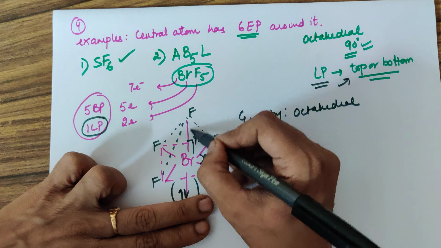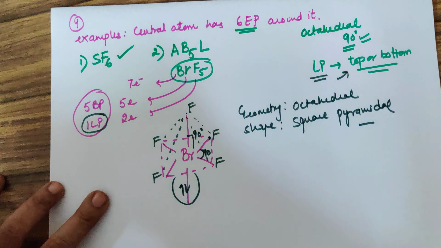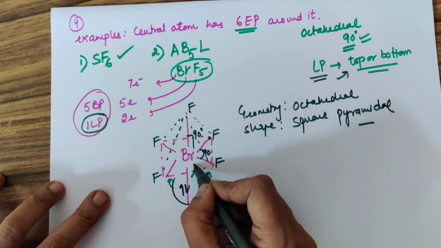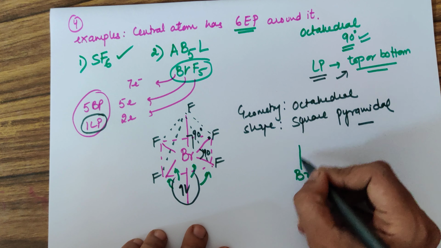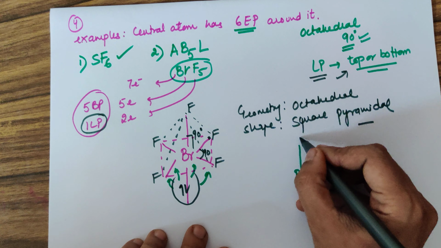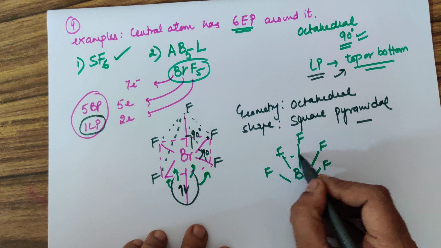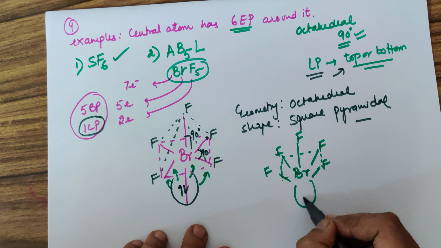Now as far as CBSE is concerned, it's okay. But if I talk about entrance exams, do you understand that this lone pair will also repel these 4 bonds? Which means actually in this case your Br will have 1 F on top and these 4 would also slightly move up. So none of the bond angles should be at 90 owing to the presence of the lone pair at the bottom.